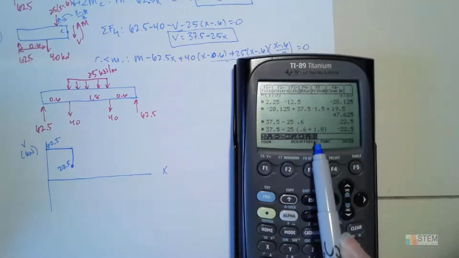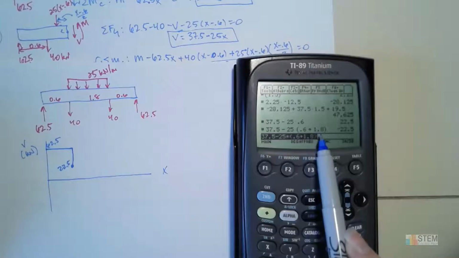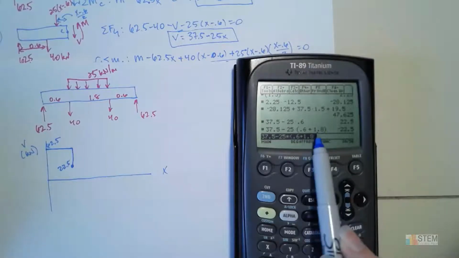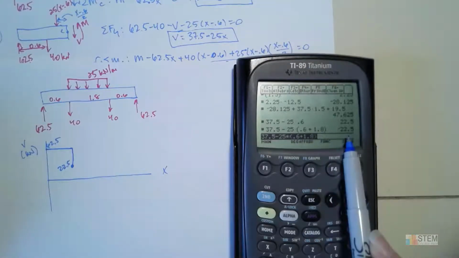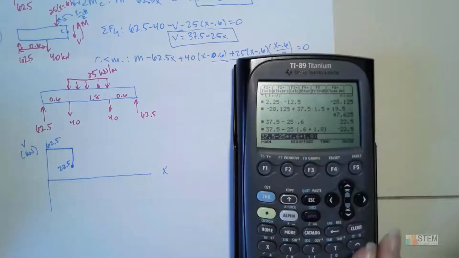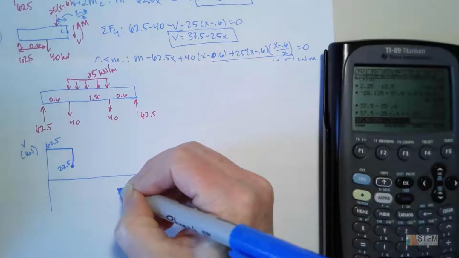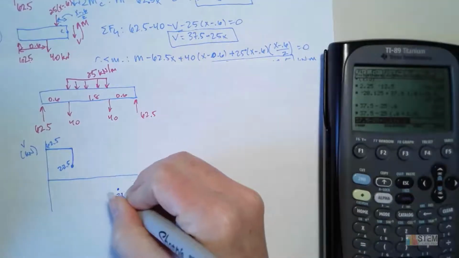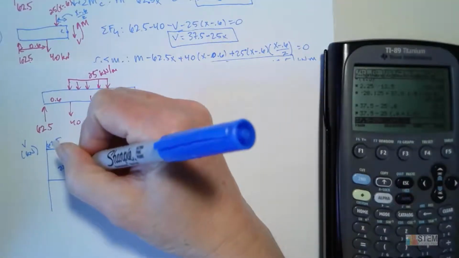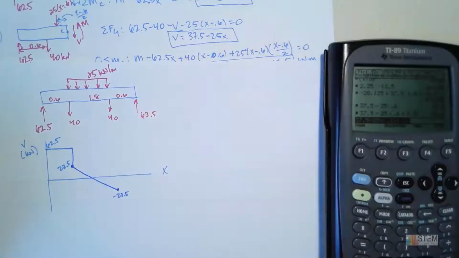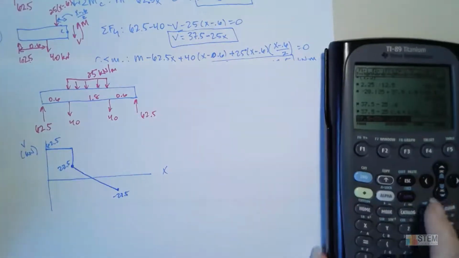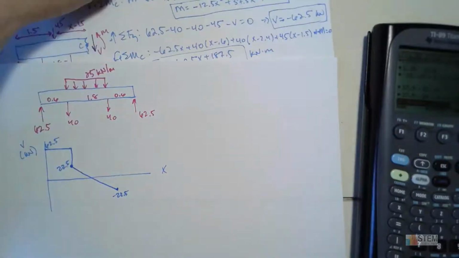That's going to be where we're at 0.6 plus 1.8. So put that in for x. That's going to give us negative 22.5. So that's where we're going to be right below this 40. We're going to be at negative 22.5, and we have that linear function with that negative slope, so it's going to look like that.